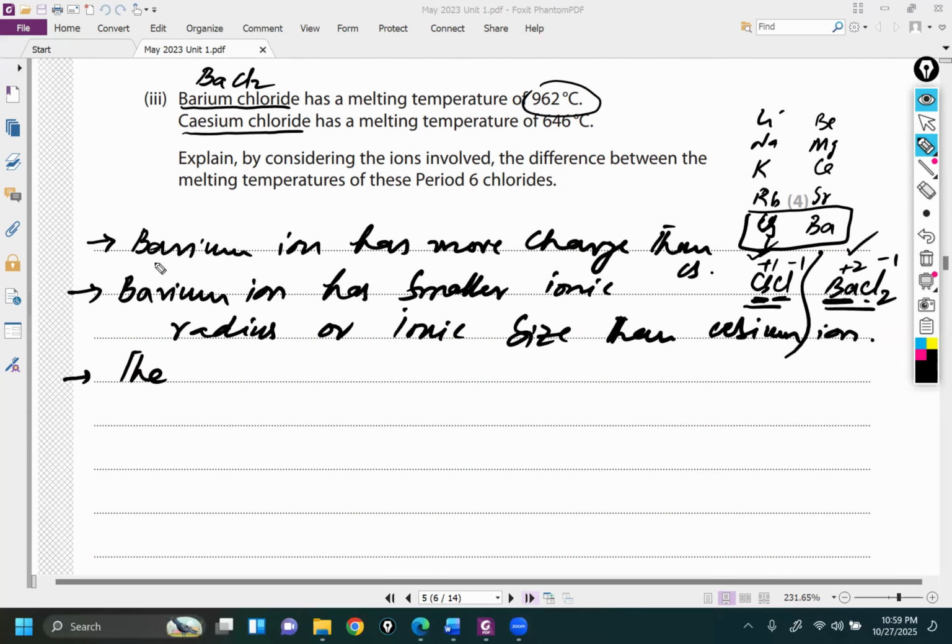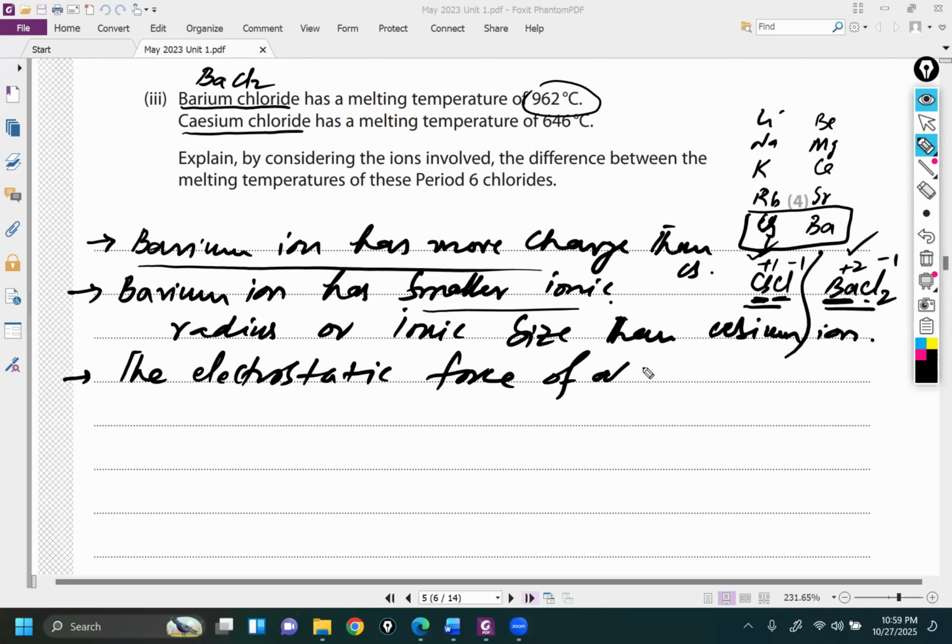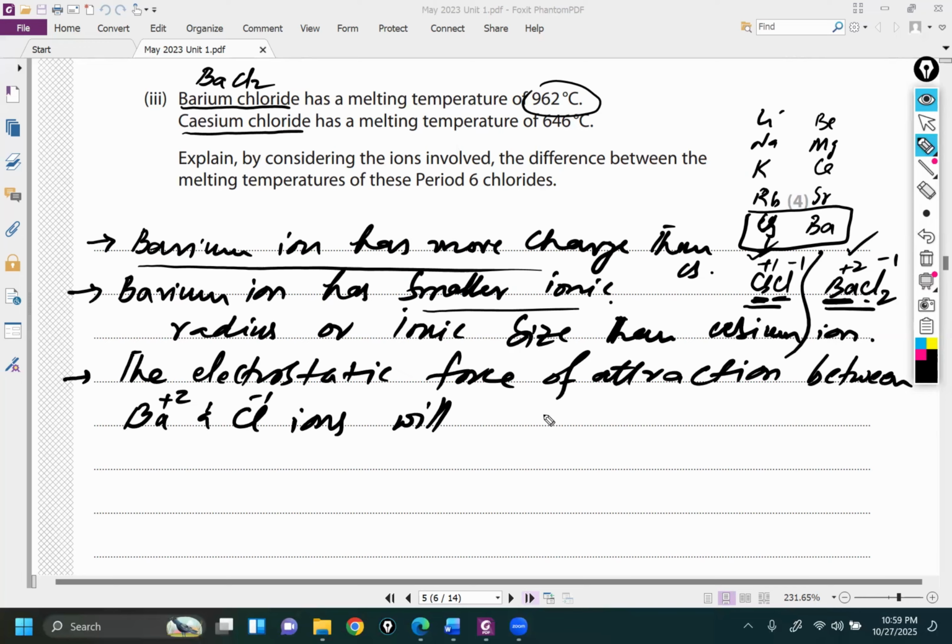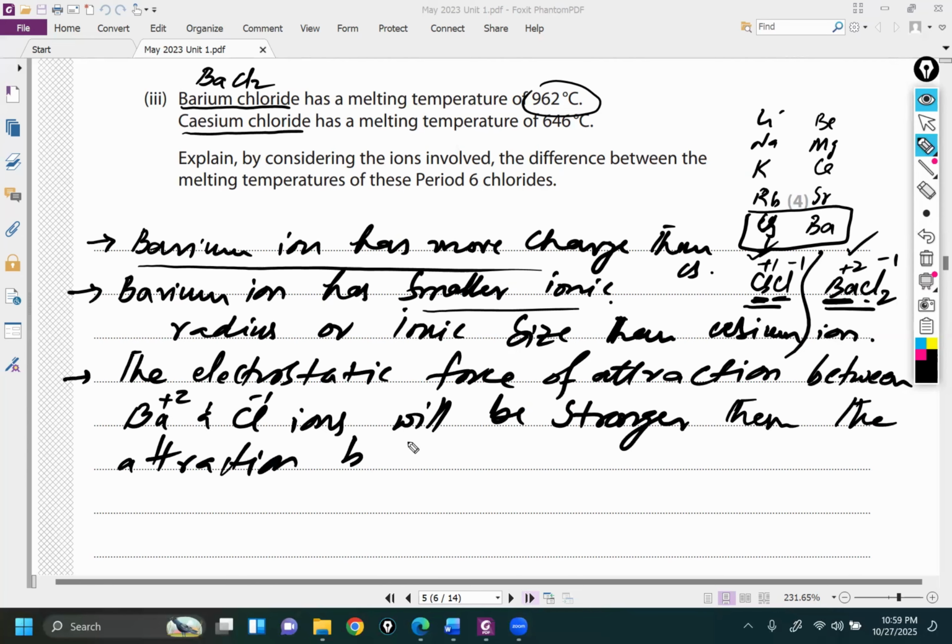Due to greater charge and due to smaller ionic size, the electrostatic force of attraction between barium and chloride ions will be stronger than the attraction between cesium and chloride ions.